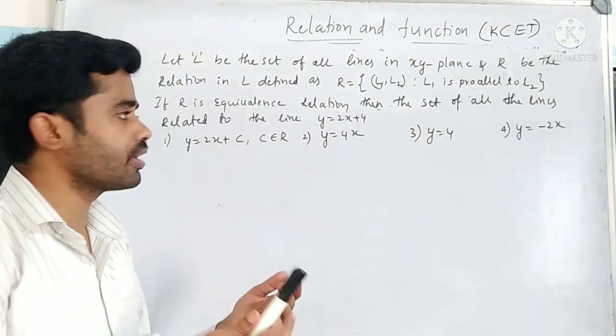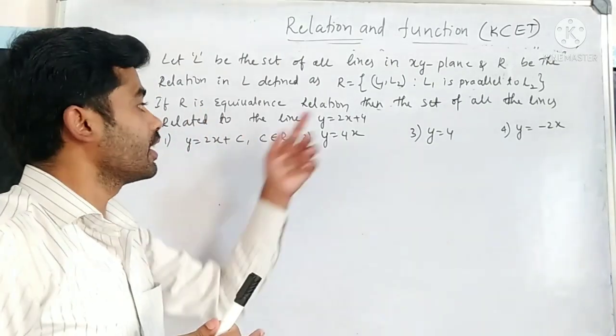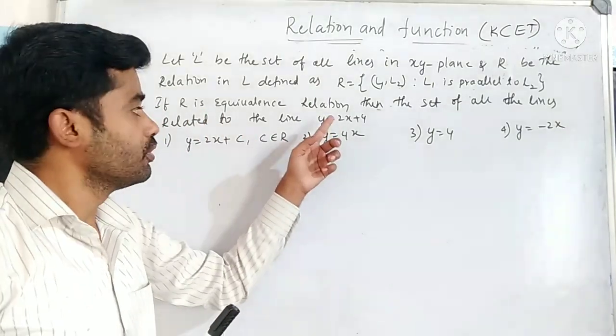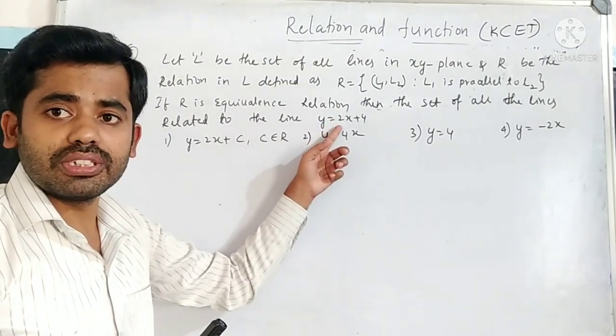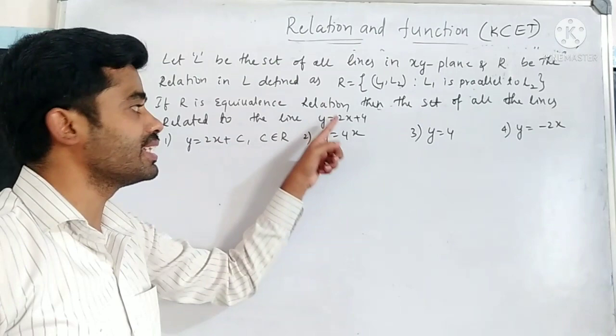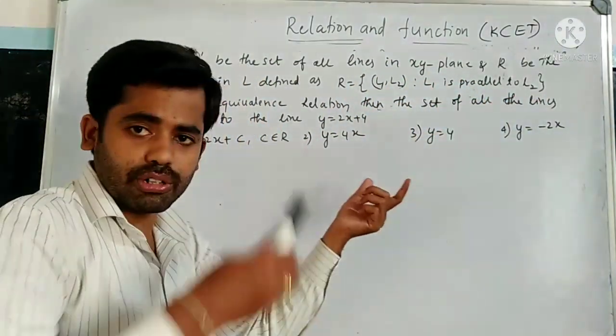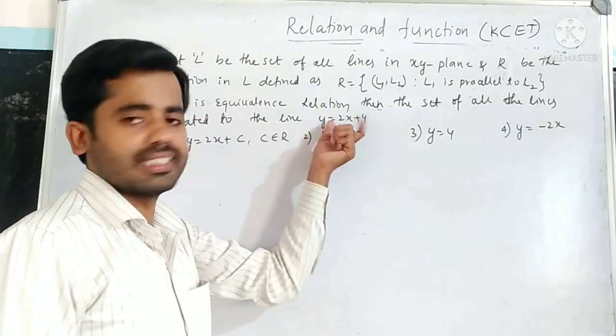I want to write the set of lines in the plane which are related to this one. The lines related to this one are the lines parallel to this line, because the condition given is L1 is parallel to L2.